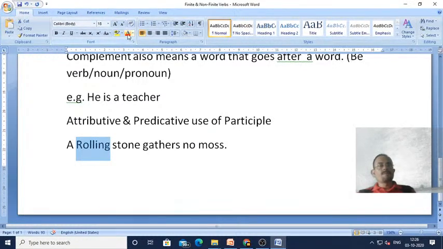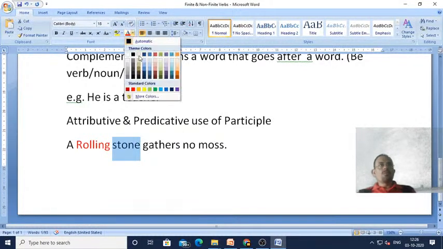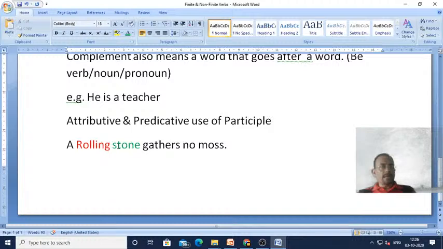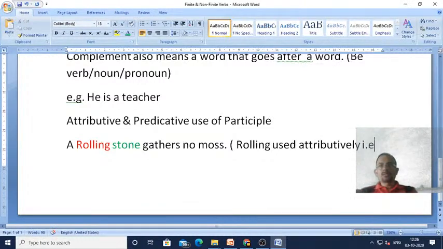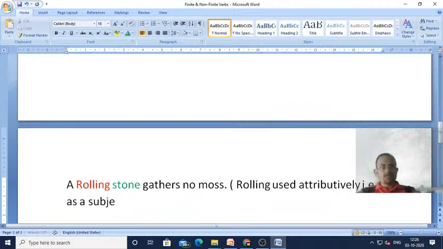is used before a noun, that ing word, that is rolling, is used attributively here. Attributively means, as a subject of the noun.